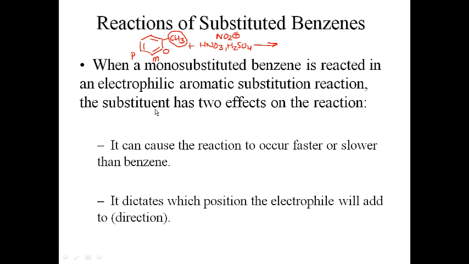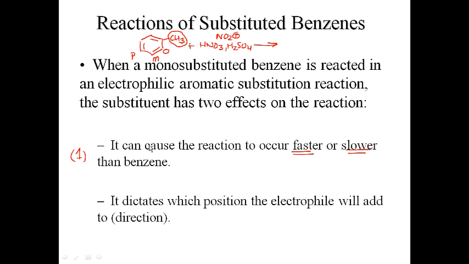Well, it could have two effects. It could make the reaction occur faster or slower than benzene. It could speed up that electrophilic aromatic substitution. It could slow it down. So that's the first thing we need to talk about, is does the reaction go faster or slower?